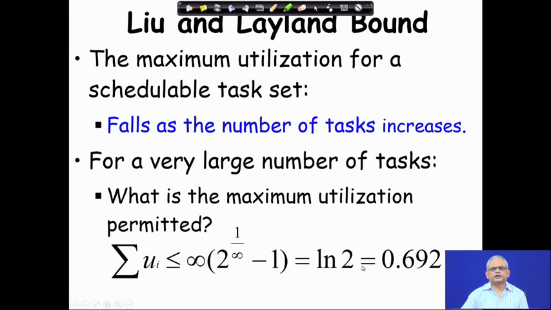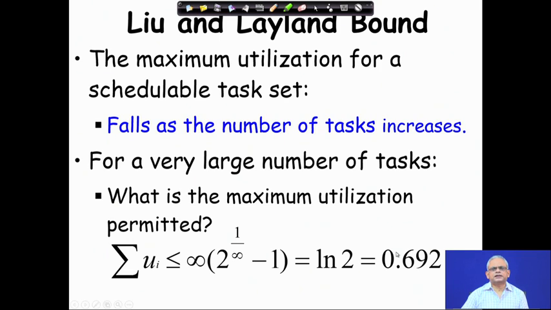The main thing to note here is that as long as the task set utilization is below 69.2%, we can safely say that the task set is schedulable under the Liu-Layland bound. But if its utilization is more than 69.2%, then we have to check how many tasks there are.